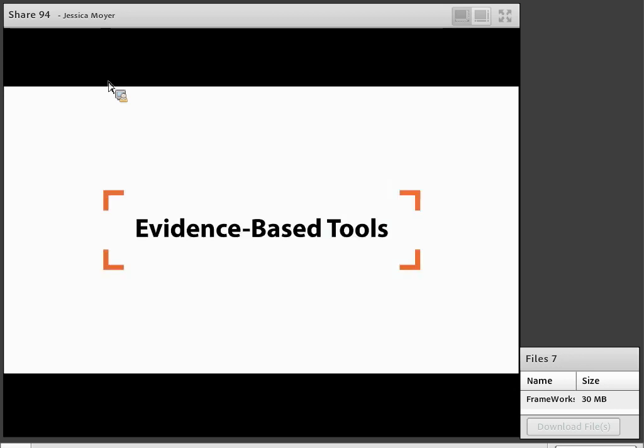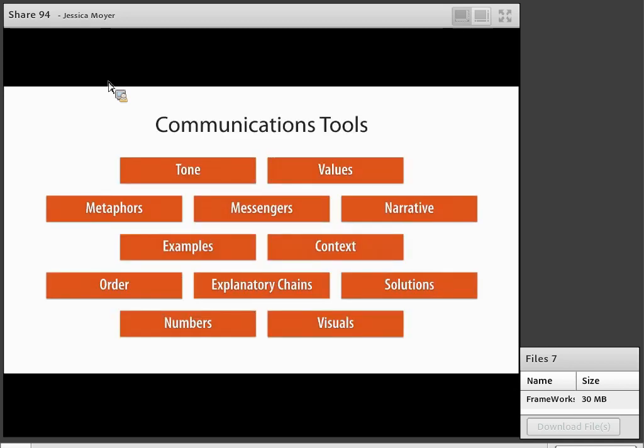So when I mentioned that we develop and test specific framing tools, I wanted to give you an idea of the categories that those tools can fall into. I briefly alluded to some of these before. We look at different messengers. We think about the order in which messages are crafted. We do work around visuals. Visuals can be frame elements themselves and can affect how the content of text is interpreted. We are especially going to look at some values.